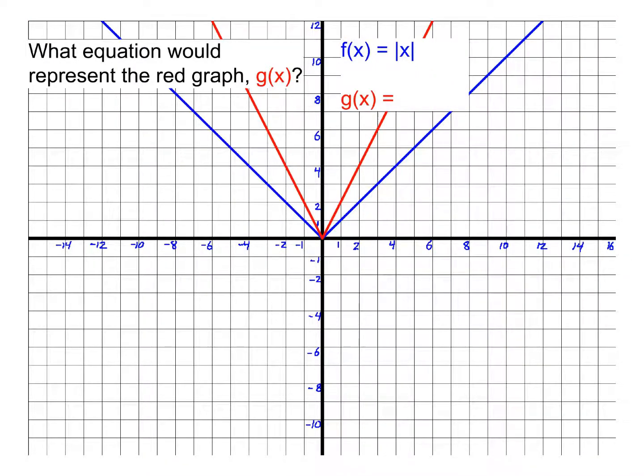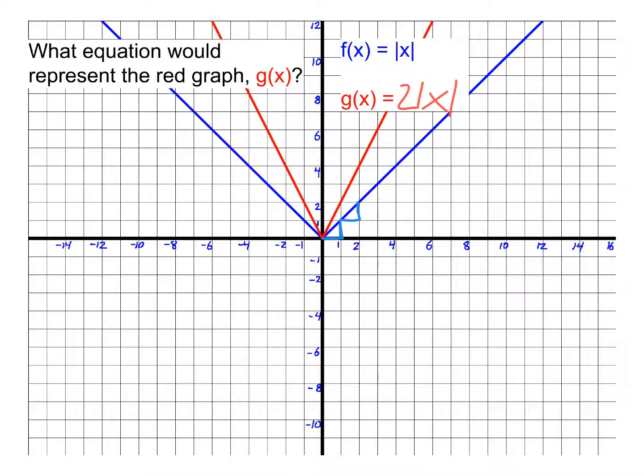All right, next up. What would be the equation of g of x in this case? This one is actually just like one you did in the investigation. This is 2 times the absolute value of x. Now, why is it 2? Because normally, my graph is going over 1, up 1, over 1, up 1.